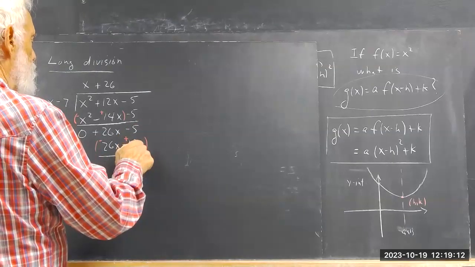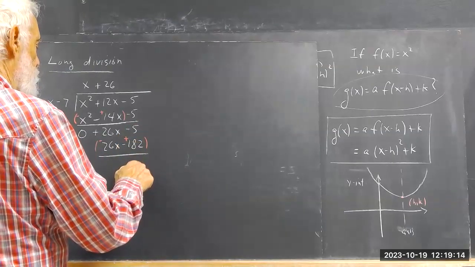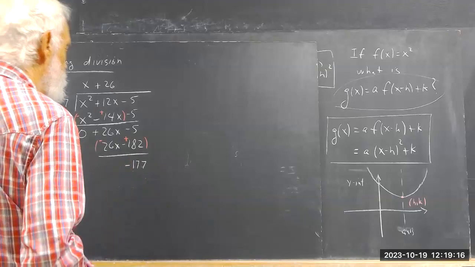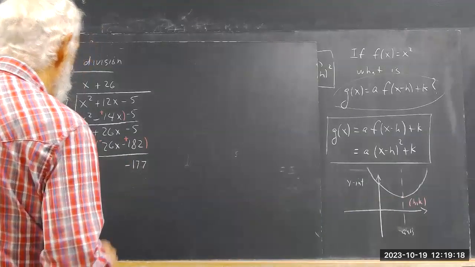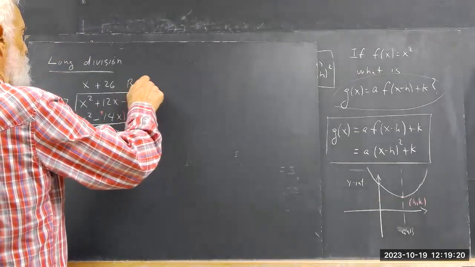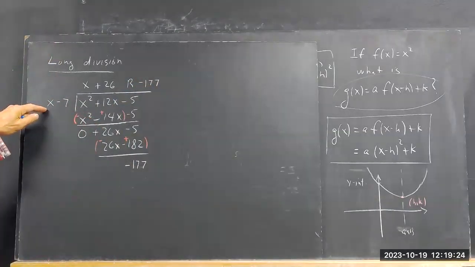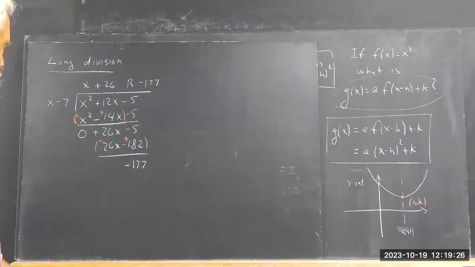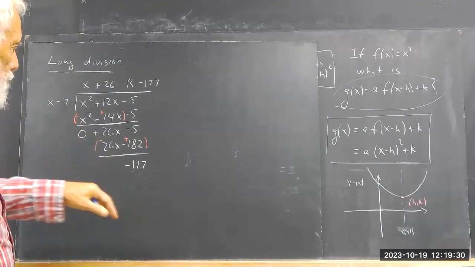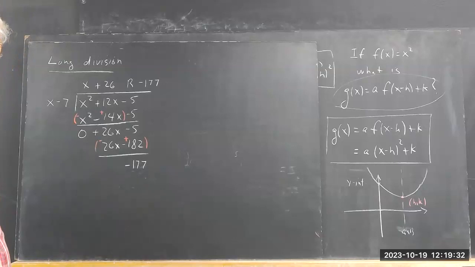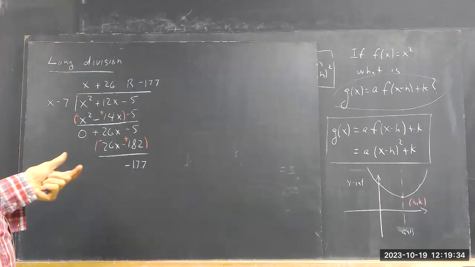And now I have negative 5 plus 82, which is negative 177. So I could say my remainder is negative 177. Because if I divide x minus 7 into negative 177, well, it doesn't work out. Okay.